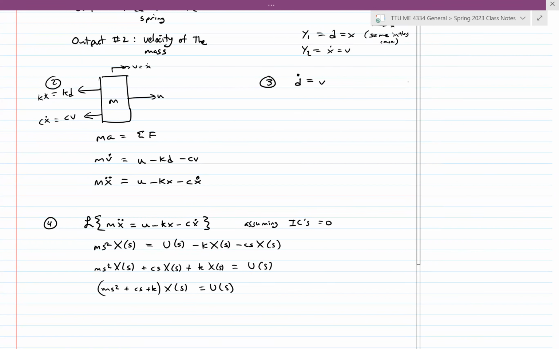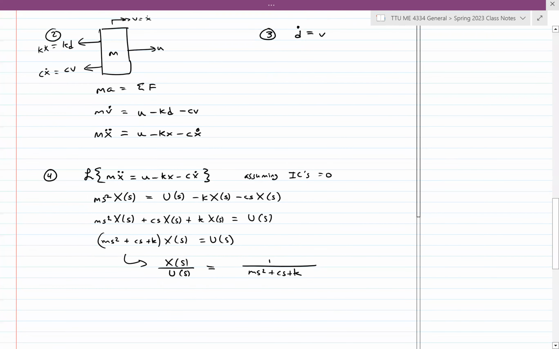All right, what do we do from here, though? X of S over U of S. So X of S over U of S is going to be 1 over MS squared plus CS plus K. Okay, what else?